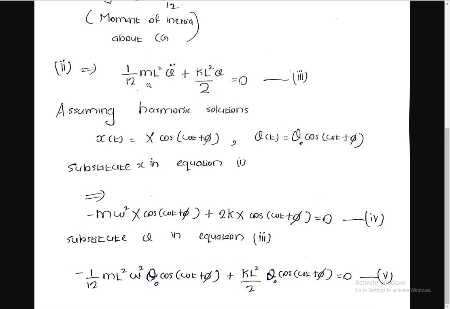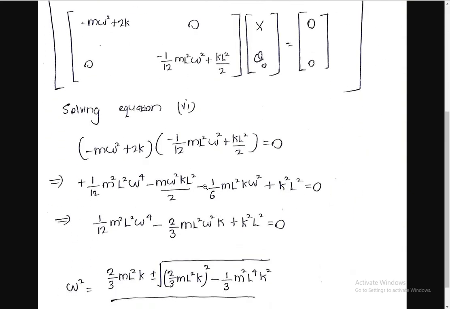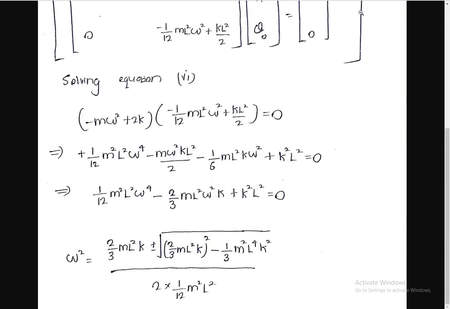For the harmonic equations, once we put the harmonic x value, you will get this one finally. Equations 4 and 5 you have to write in amplitude determinant form, in matrix form, and finally solve for omega square.